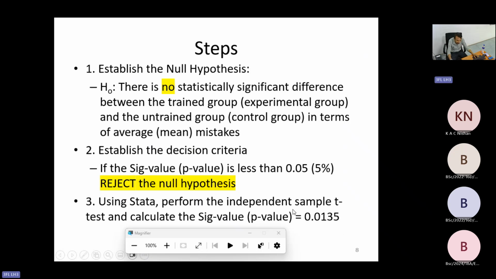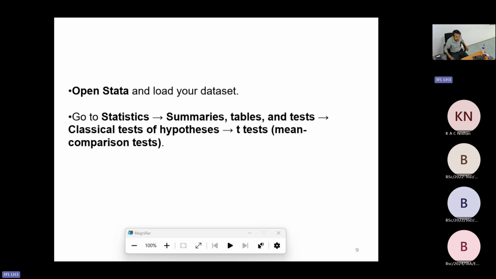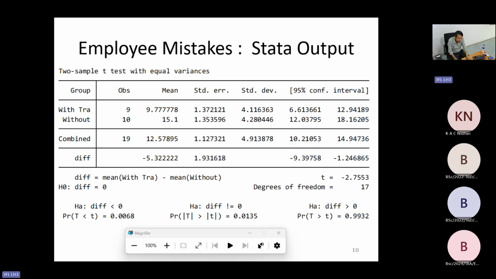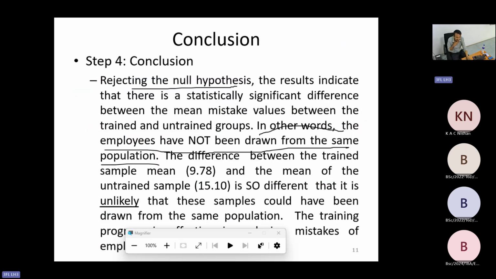That's the third step. Then we have done step number 3, and then we come to the conclusion. Before you look at this conclusion, tell me: 0.0135, is it less than 0.05?